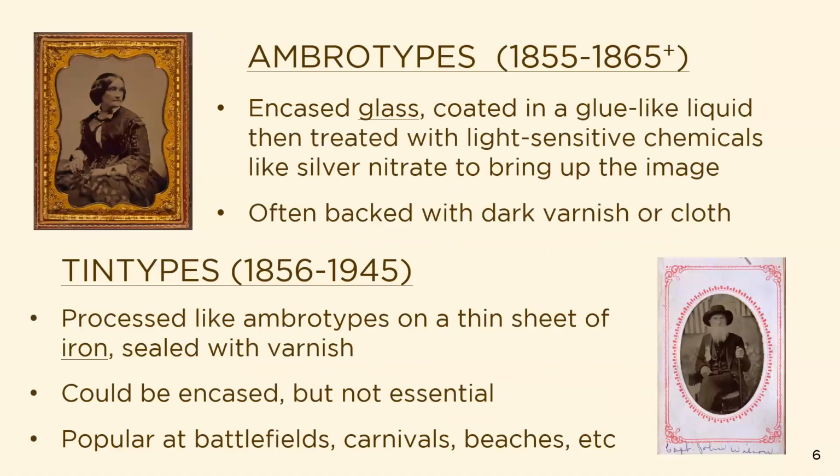The next one was the ambrotypes, also encased in glass. It was coated with a glue-like liquid and treated with light-sensitive chemicals, like silver nitrate, to bring up the image. They were often backed with dark varnish or cloth.